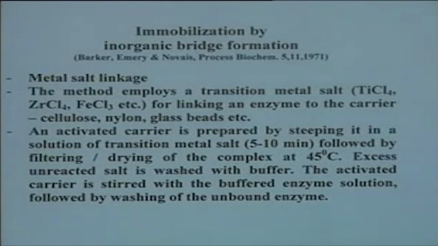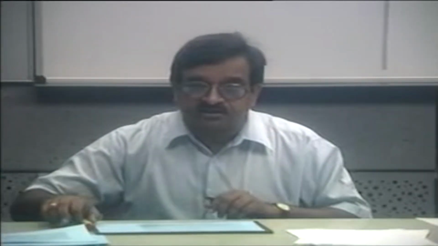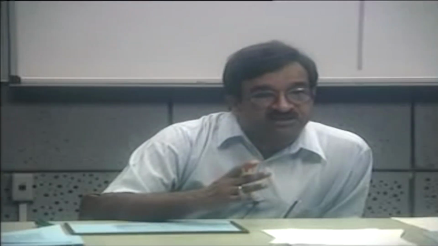This involves 2 steps: activation of the matrix by steeping it in a transition metal salt solution, whereby the transition metal salts form a kind of octahedral complex. The chemistry of that can be considered like this. Titanium tetrachloride will exist in different forms, complexed with certain ligands.